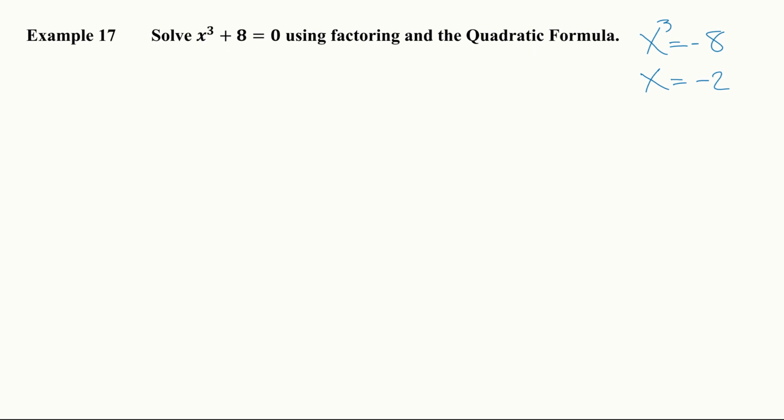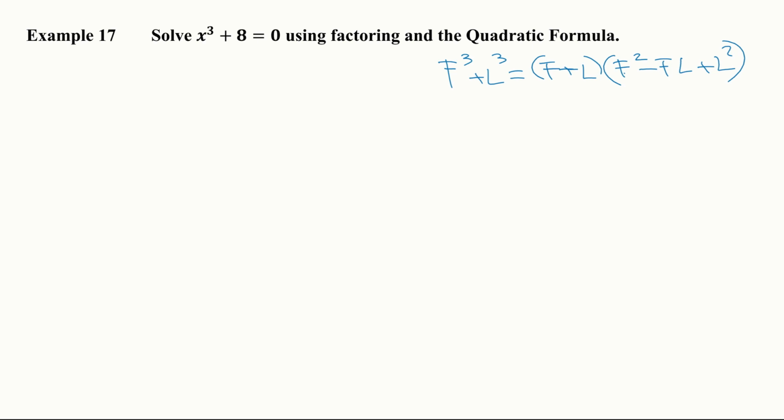I'm going to go ahead and erase these, and we'll use factoring and then the quadratic formula to get to our other solutions. So now, if you recall from algebra, we have a formula for a sum of cubes, which is f cubed plus L cubed equals quantity f plus L times quantity f squared minus fl plus L squared.